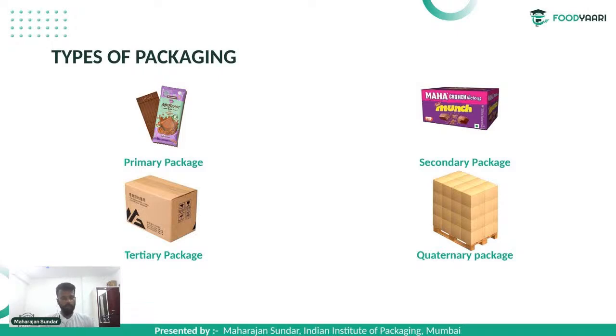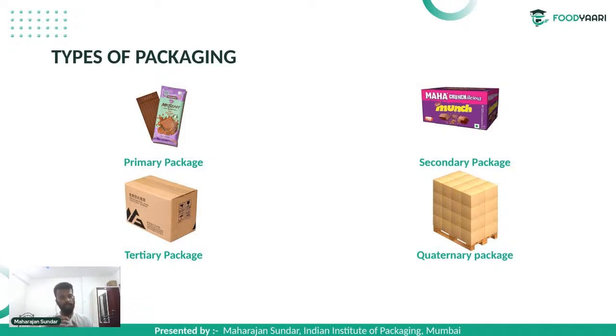Now we can go to types of packaging. Packaging can be categorized into four types: primary package, secondary package, tertiary package, and quaternary package. How can we explain what a primary package is? The package which is in direct contact with the product inside is known as the primary package.